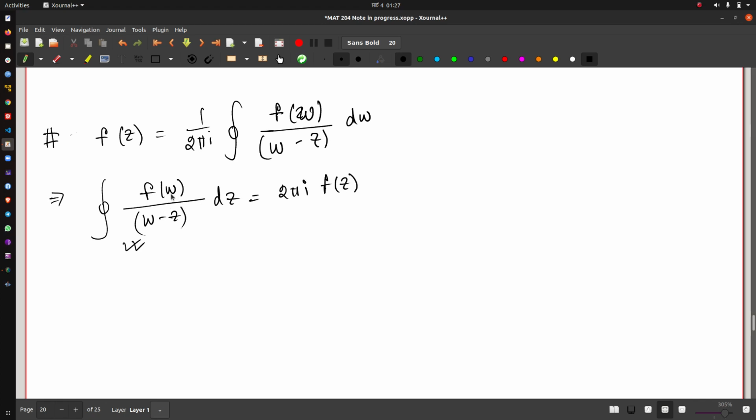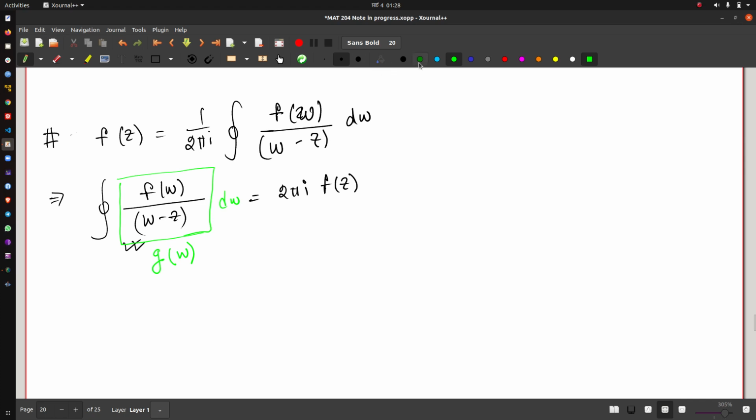Now think of this portion, f of w divided by w minus z, as some function g of w. Sorry, it should be w, not z. So think of this whole thing as g of w, and this g of w function has a singularity at w equals z, where it fails to exist.